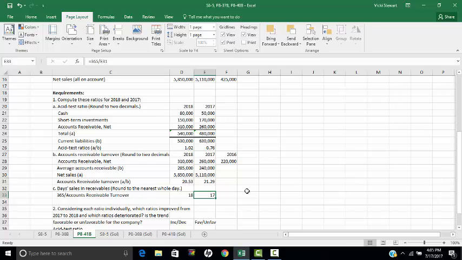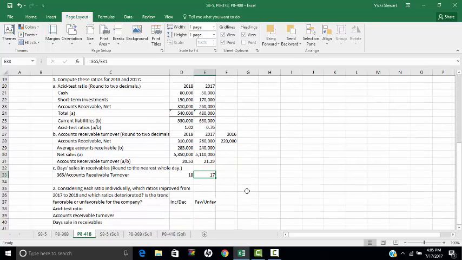in 2017. Now, the second part of the problem is asking us to consider each of the ratios individually and decide which ratios improved from 2017 to 2018 and which ones deteriorated, and is that trend favorable or unfavorable to the company. So we notice that our acid test ratio increased from 2017 to 2018.